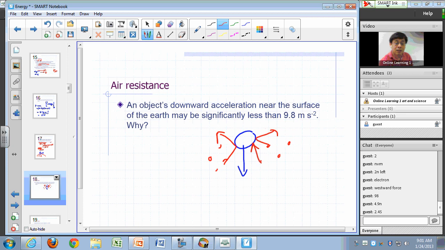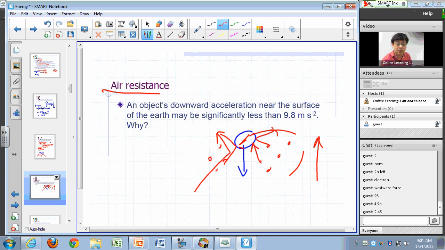And so the collisions between the air molecules and the object would tend to slow it down. So the net force exerted by all these air molecules, which you call air resistance, would be upward. It's against the force of gravity. So the net force that an object would feel is not exactly going to cause it to accelerate at 9.8 meters per second squared. The acceleration in general that you observe would be less. So that's one piece of evidence for the existence of molecules.